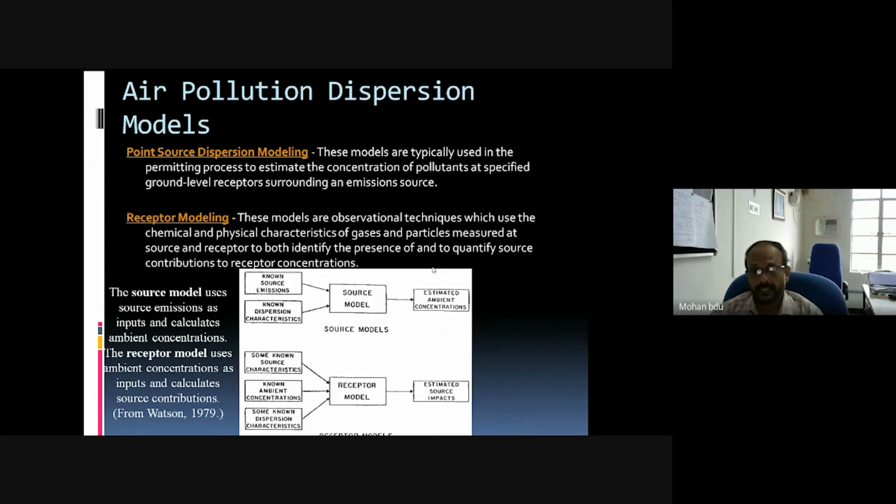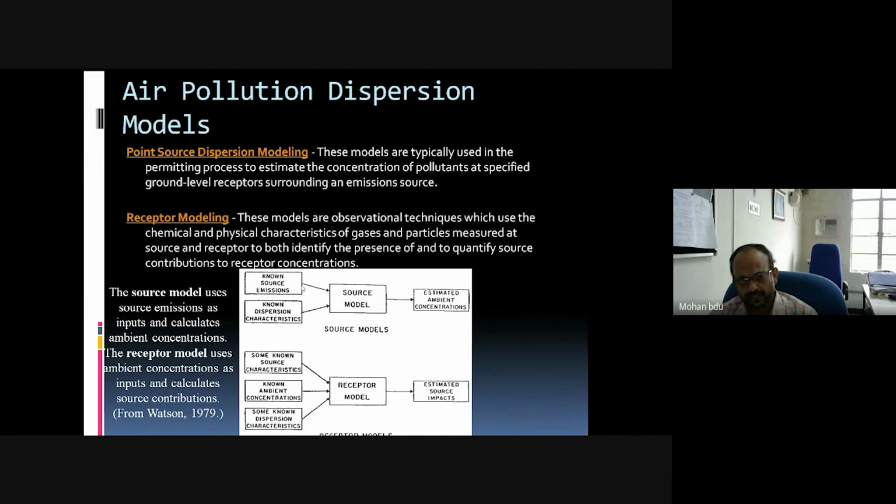That is basically a Gaussian plume model, which will predict the concentrations from point source dispersion. These models are typically used in the permitting process to estimate the concentration of pollutant at a specified ground level receptor surrounding an emission source.